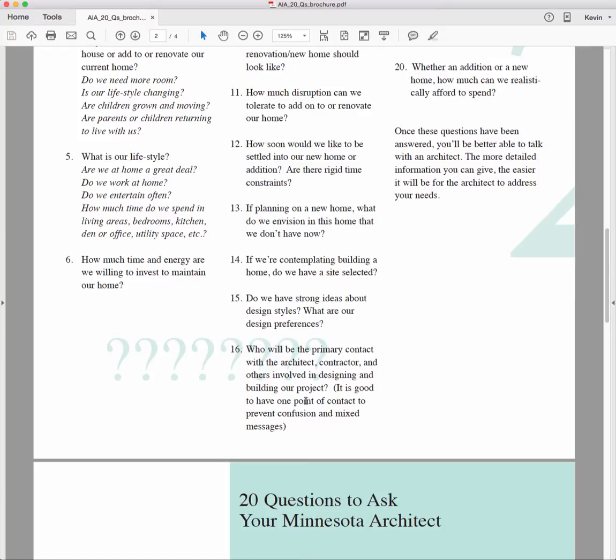Okay, and the one we missed, who will be the primary contact? It's really important to have a primary contact, and in the more modern approaches to systems design and project management, one of the methodologies that's pretty popular is agile software development, agile project management.